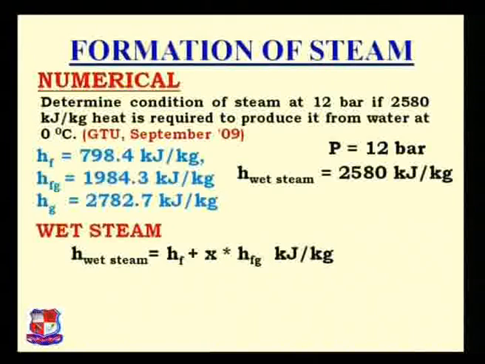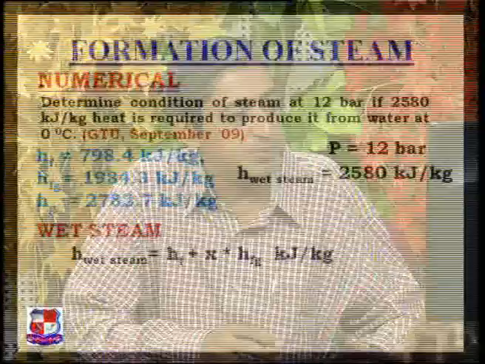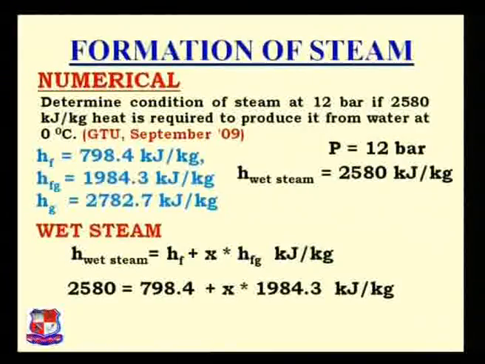Only one unknown remaining in the equation is x, that is dryness fraction, that we have to calculate. So substituting this value, h wet is equal to 2580, that is equal to 798.4 plus x multiplied by 1984.3. Clear? So calculating, we get x is equal to 0.898, that is equal to 89.8%.